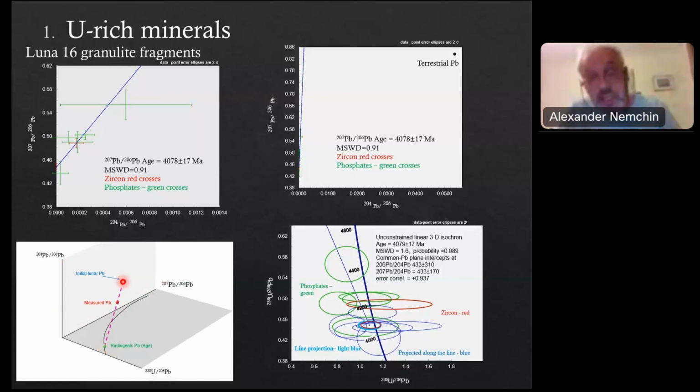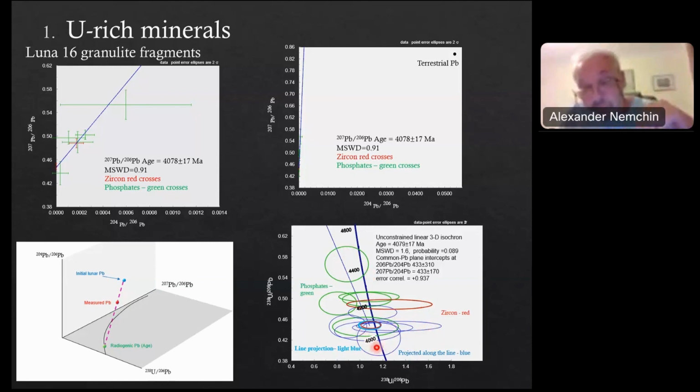And so we can constrain this line, and, well, okay, this is the line constraint. The colors here are a bit tricky. Phosphates are green, zircons are red, and dark blue is the projection of all these analyses along the line.